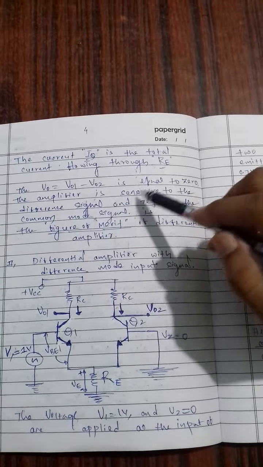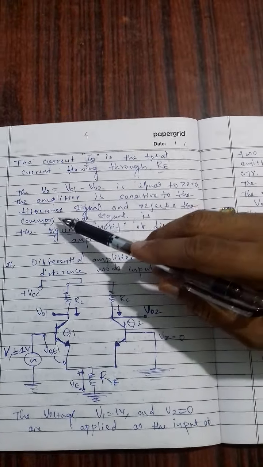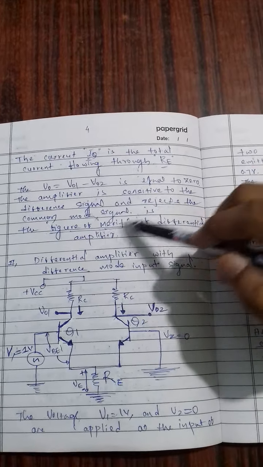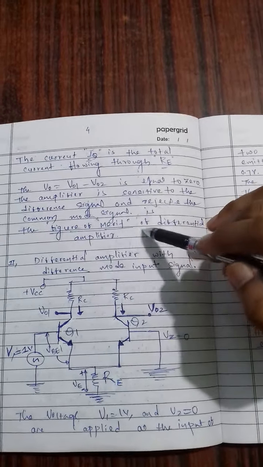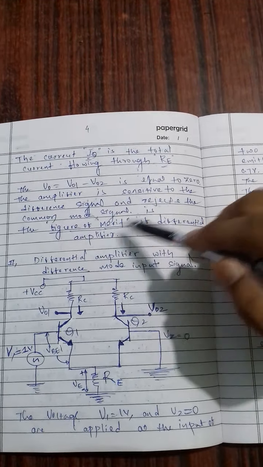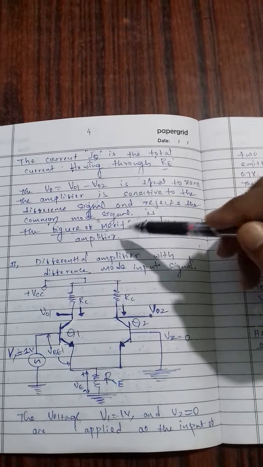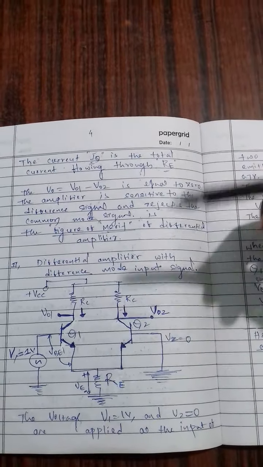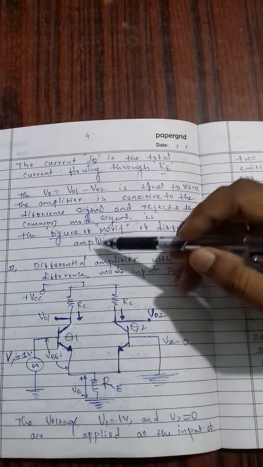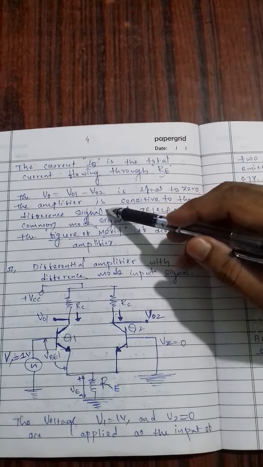This is the figure of merit of the differential amplifier, that is the common mode rejection ratio.